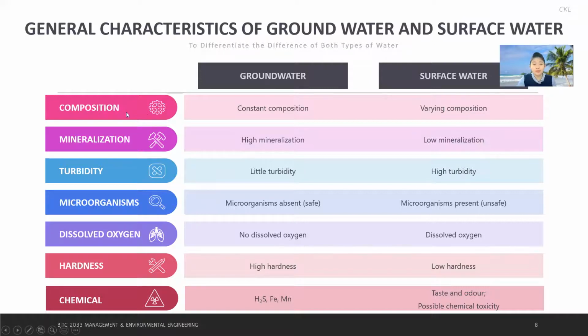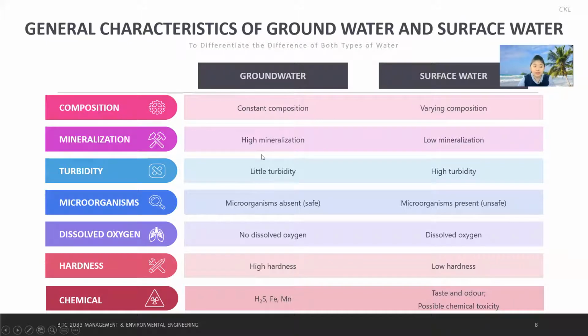Okay, when we talk about the composition of surface water, sometimes we throw rubbish, condoms, everything. But groundwater is more constant because the pollution is actually very little compared to the rivers and surface waters. So the composition is constant for groundwater, but for surface water it is varying.